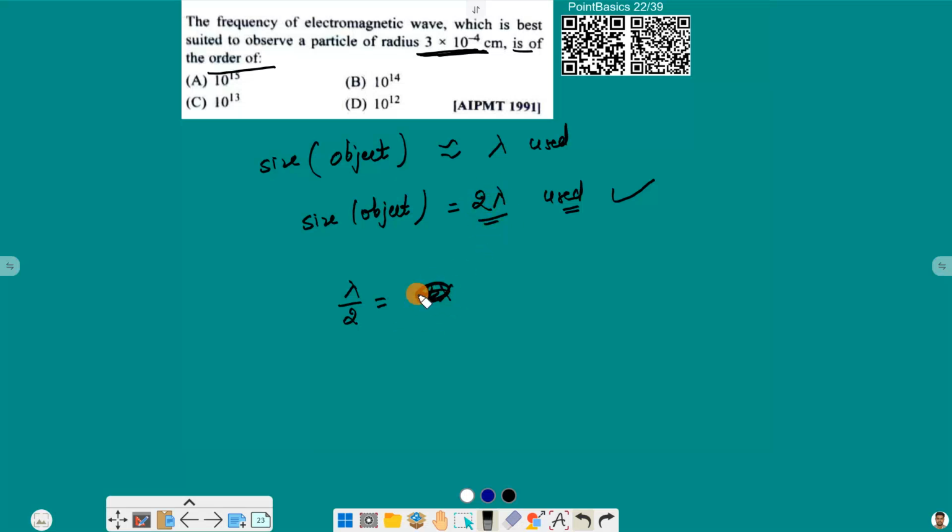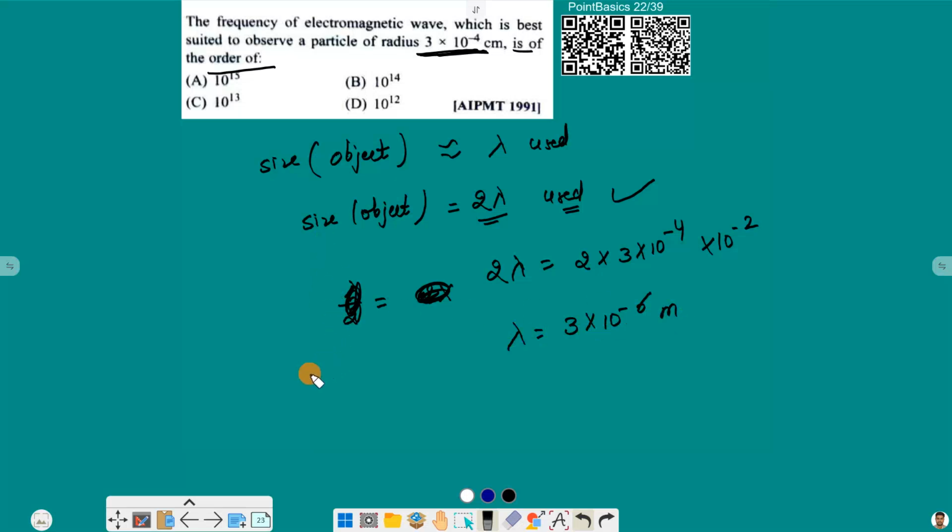So now twice of lambda is equal to size. Now size is equal to diameter. So twice into 3 into 10 raised to power minus 4, it is in centimeters. So into 10 raised to power minus 2, it is in meters now. So lambda will be 3 into 10 raised to power minus 6 meter.